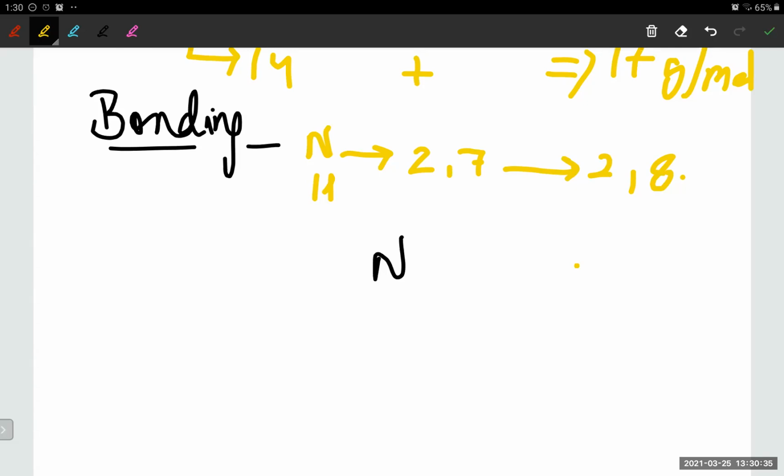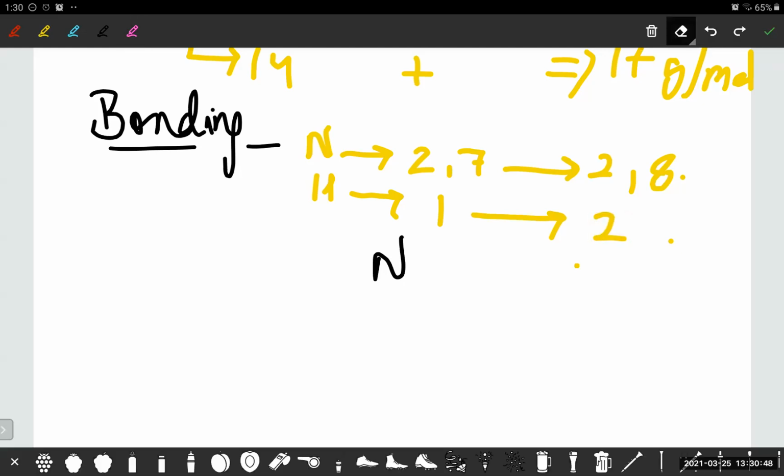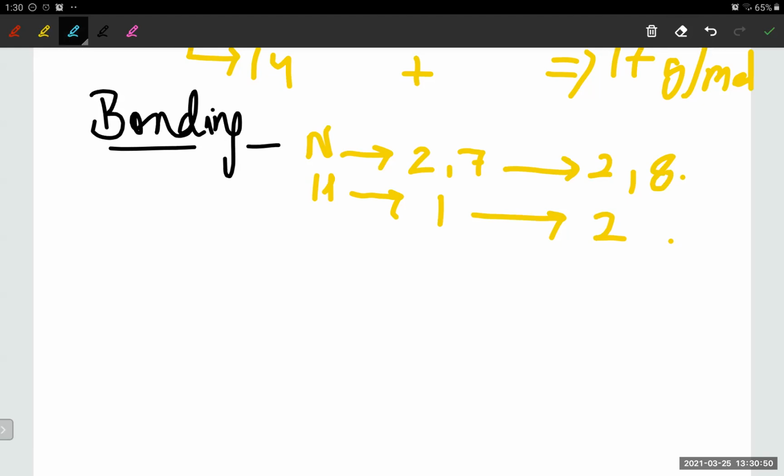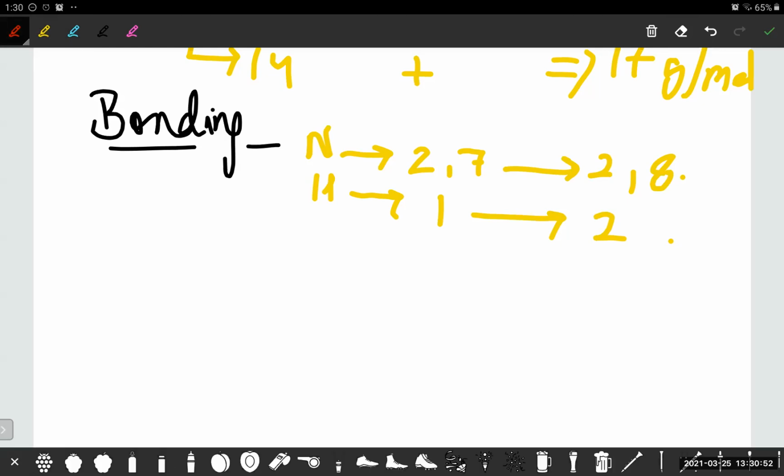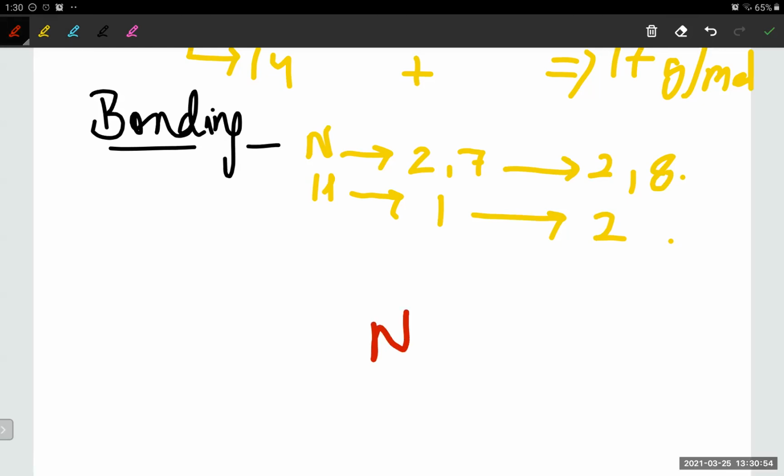And what about in the case of hydrogen? Hydrogen is having 1 and it wants to become 2, isn't it? To attain the nearest noble gas configuration. So how can it attain it? In order to attain this, it makes some bonding. Okay, so let's see what type of bonding is it making. So let's write N in between. It's having how many electrons? 1, 2, 3, 4, 5, 6, and 7, right?